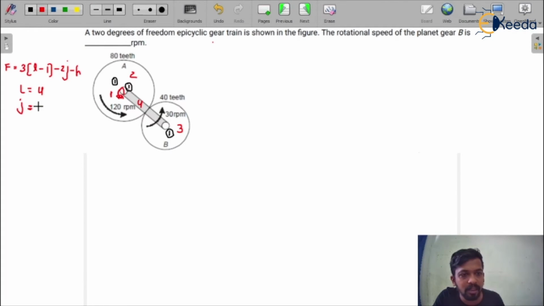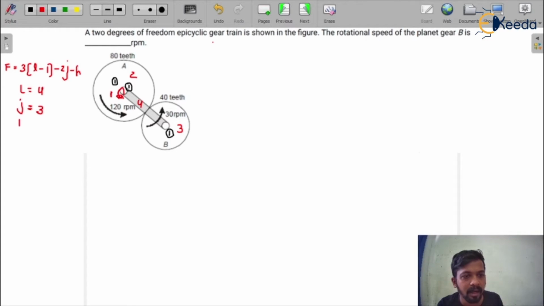I'm just writing here 3 joints. Are you getting my point? This is the arm which is connected to A with another joint. The fixed joint means A is having rotation about a fixed joint, and the other joint is between the arm and the gear A. So that's why 3 joints are there.